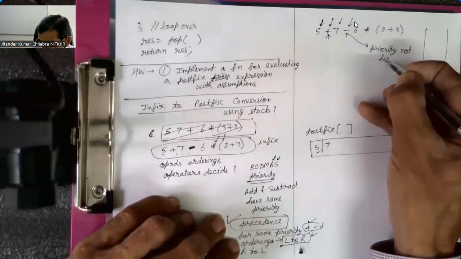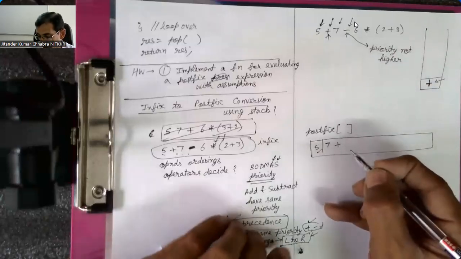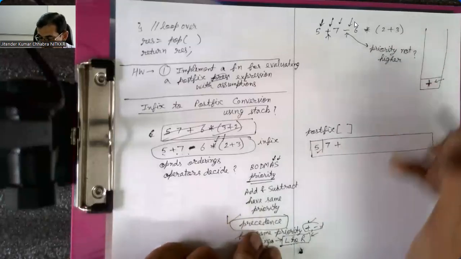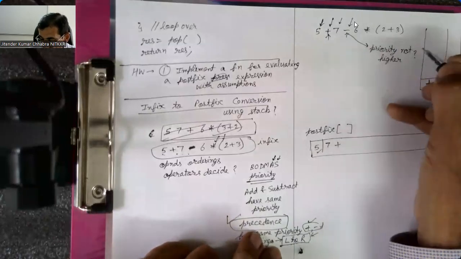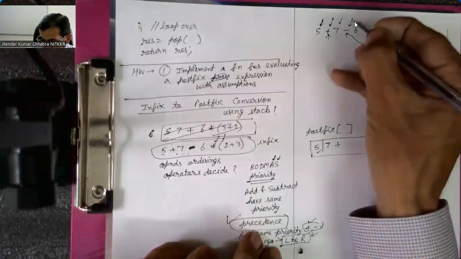If not higher means the previous operator is allowed. So plus will come. That directly gives me a hint in my coding. So if priority was not higher, plus came, plus was removed, and obviously minus is guaranteedly pushed.